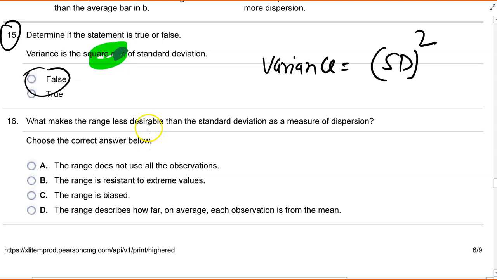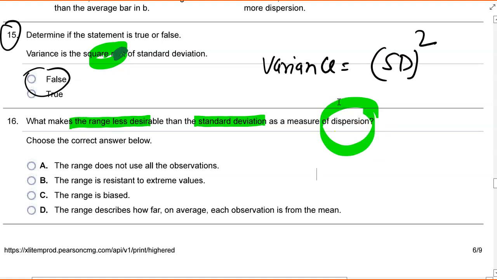Number 16. What makes the range less desirable than the standard deviation as a measure of dispersion? Notice that range is dispersion, standard deviation is dispersion, but the range is less desirable than standard deviation because range does not use all observations. Range uses only the smallest value and largest value, but standard deviation uses all data values.